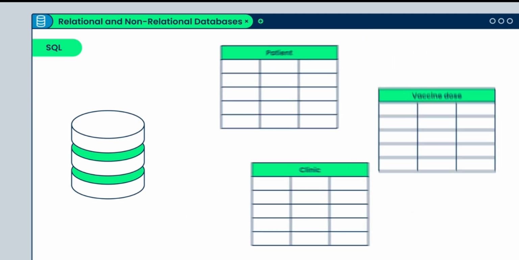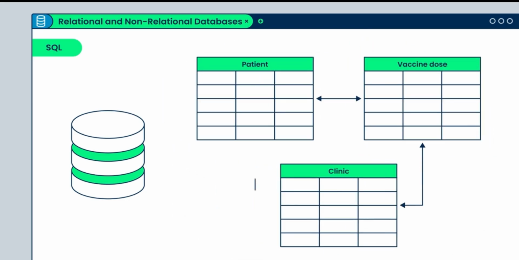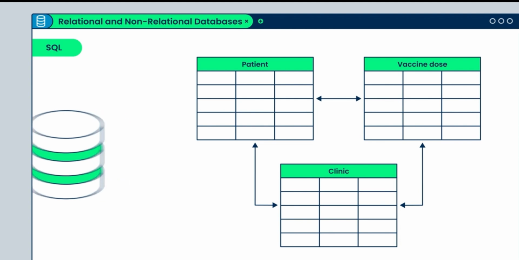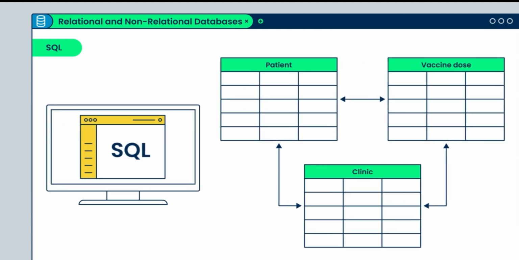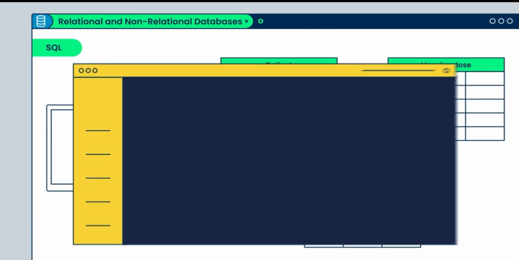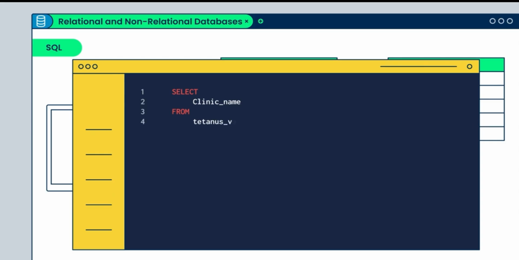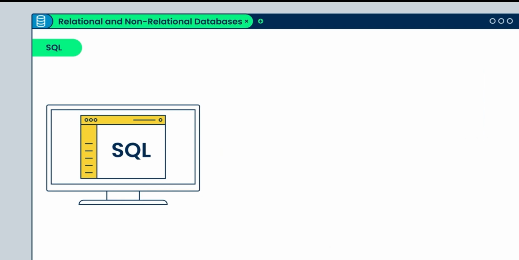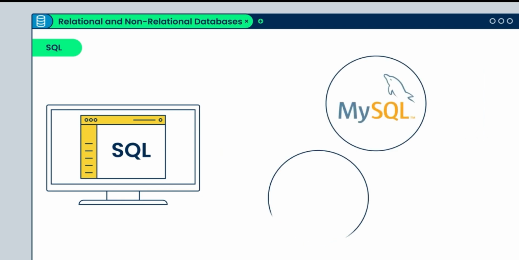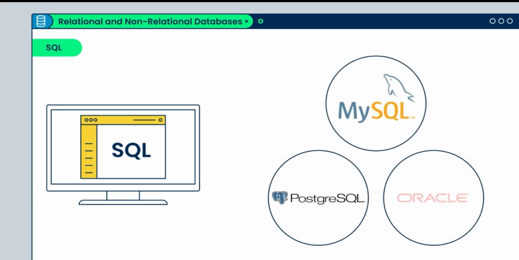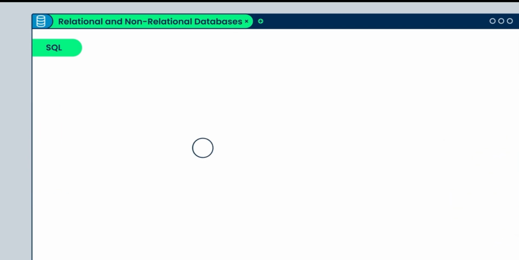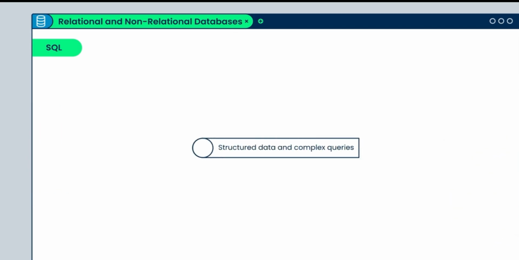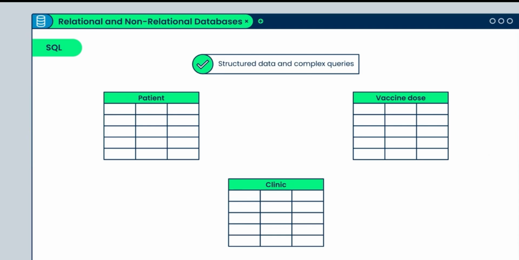These tables are linked through relationships, which is why they're called relational databases. Structured query language, or SQL, is the language that we use to interact with these databases, using keywords to construct and manipulate databases. Examples of relational databases include MySQL, PostgreSQL, and Oracle. They excel at handling structured data and complex queries, making them suitable for organizations with well-defined data models and relationships.